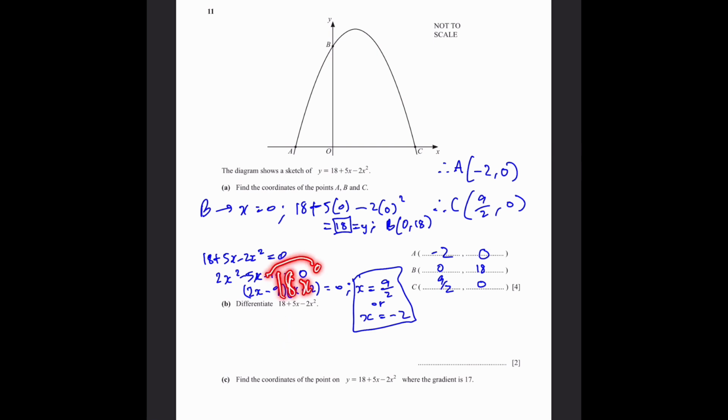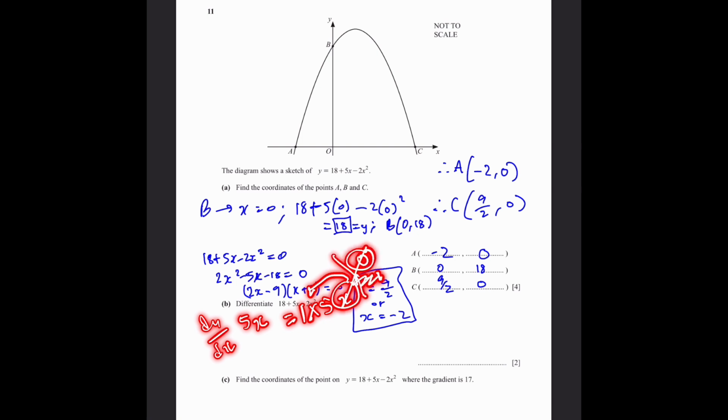So if we bring down the power, 0 times 18x to the power of minus 1 is the derivative, and this is just going to be 0, since 0 multiplied by anything is just 0. Now the derivative of 5x: when we have 5x to the power of 1, we bring down the power, 1 times 5x to the power of 1 minus 1. This becomes 0. So x to the power of 0 is just 1. So this cancels out, we have 5 left.